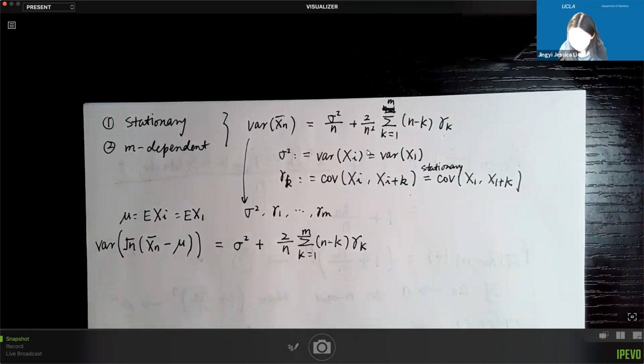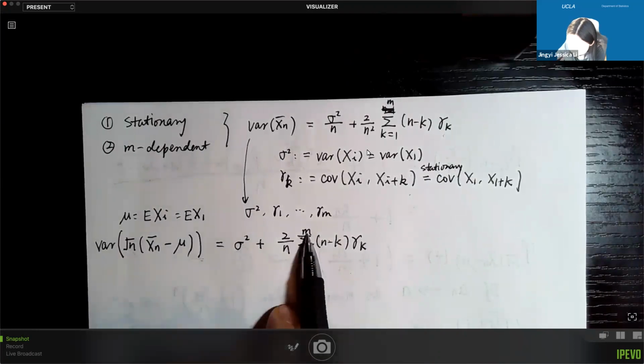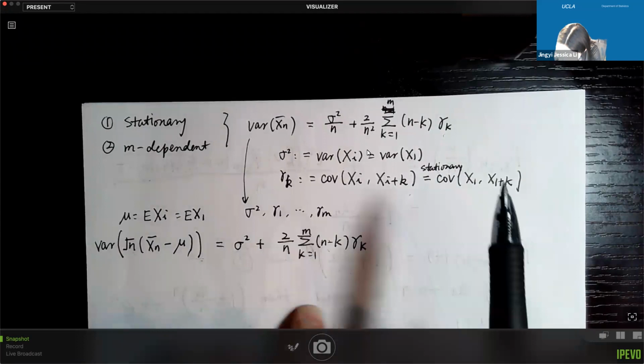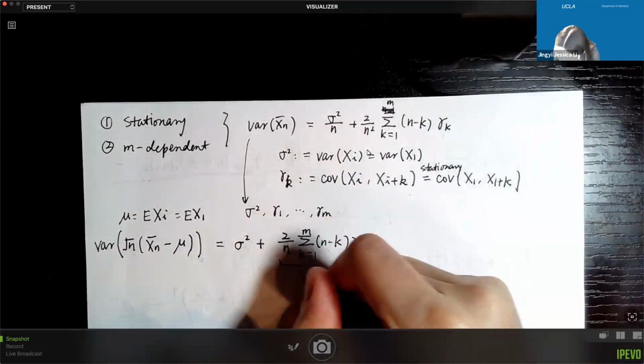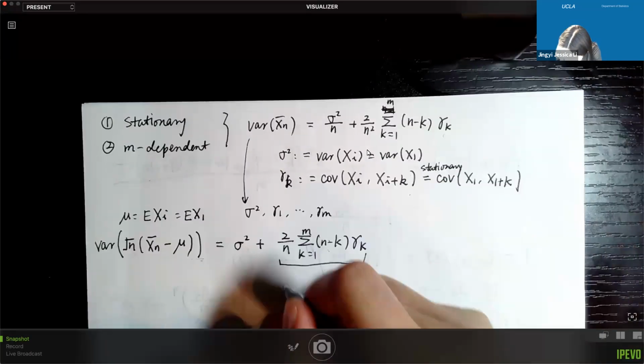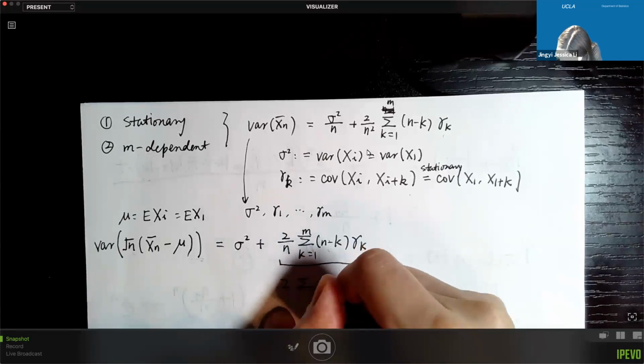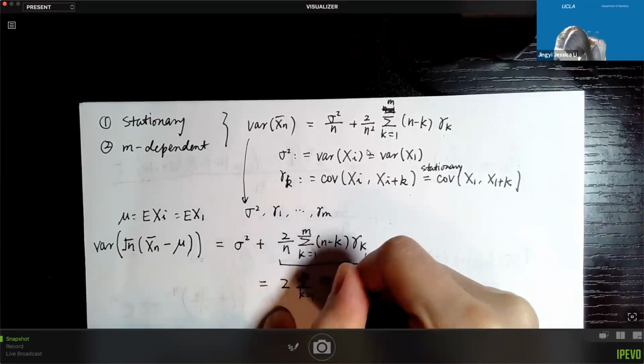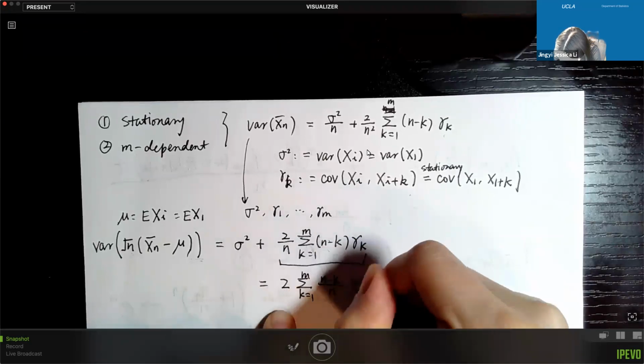Because the summation only goes from 1 to m, we can move this n inside, since the summation range has nothing to do with n. So the second term can be written as 2 times the sum over k from 1 to m of n minus k over n times gamma k.